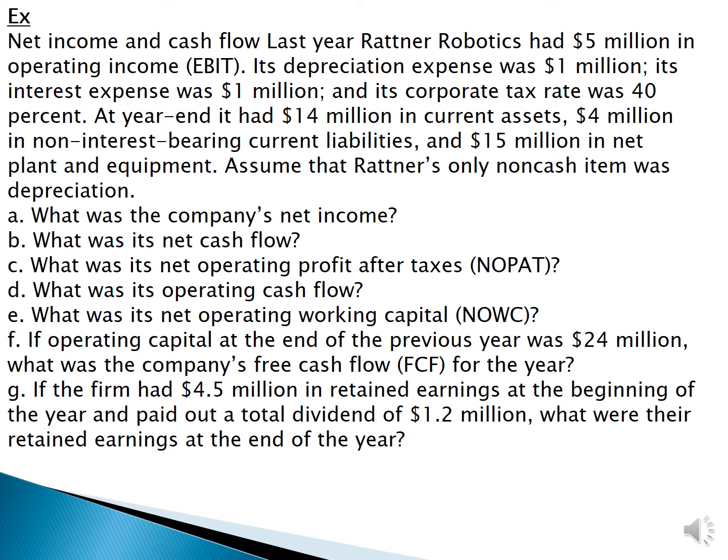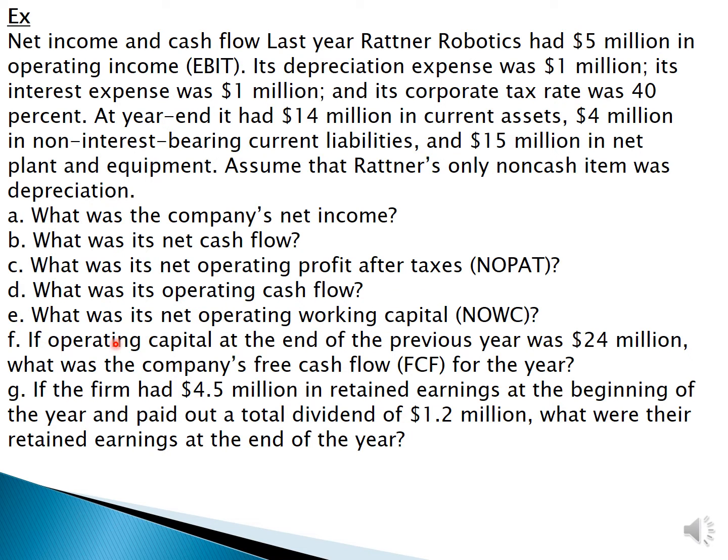Let's see in this example what we are going to do. In this example, we have some givens, which are operating income of 5 million, depreciation expense 1 million, interest expense 1 million, taxes 40%, current assets, and he wants us to answer all these questions to get the net income, net cash flow, net operating profit after taxes, operating cash flow, net operating working capital.